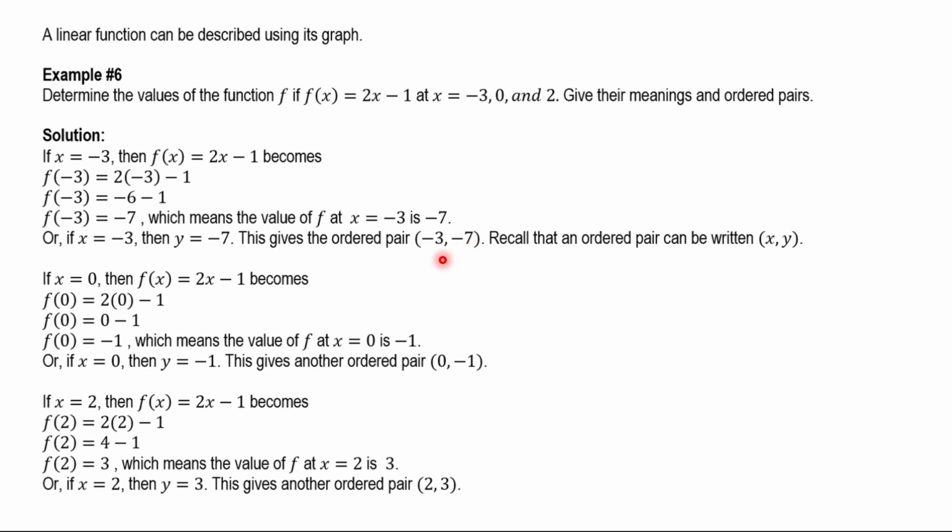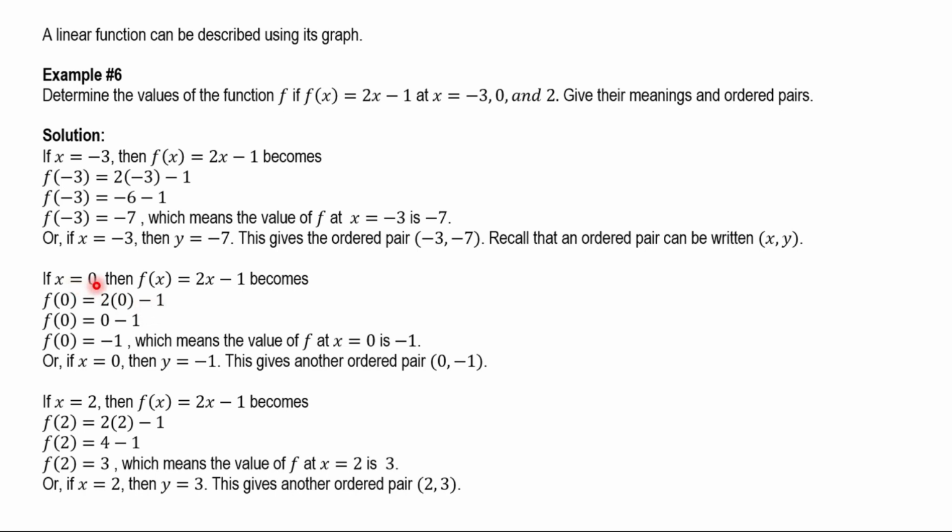Are you following? Let's continue. If x equals 0, since we will evaluate these three values, negative 3, 0, and 2. So if x equals 0, then f of x, 2x minus 1, becomes f of 0 equals 2 times 0 minus 1. Again, it's a matter of substitution.